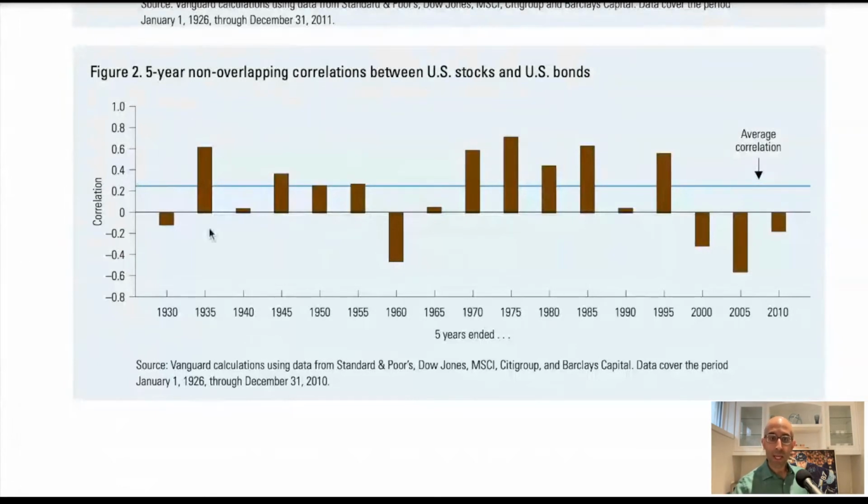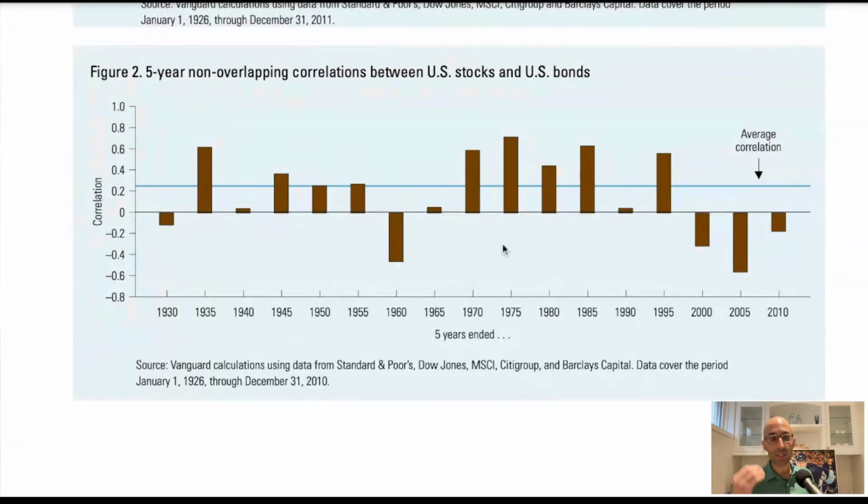But if you narrow in on shorter windows of time, so if you look at the 1930s and if you look at the 1970s, US stocks and US bonds in those short time frames, they tended to move together. So the point here is that in a short time frame, you may not see your typical level of correlation between two asset classes. One important thing I will point out is US stocks and US bonds tended to move together. They were quite correlated in the mid 1970s.